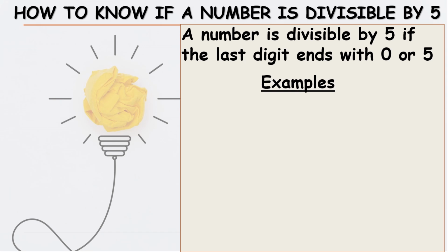If a number ends with a 0 or 5, then that number is divisible by 5. 250. 250 ends with 0. So automatically it is divisible by 5. Because in our statement, we said if it ends with a 0 or with a 5, it is divisible by 5.